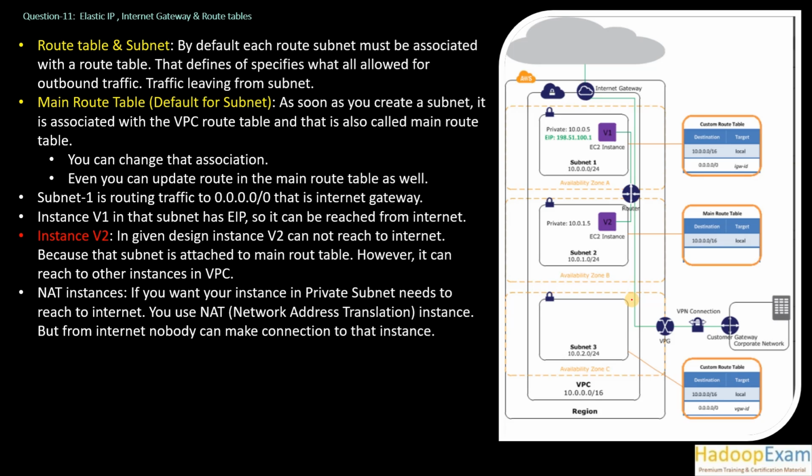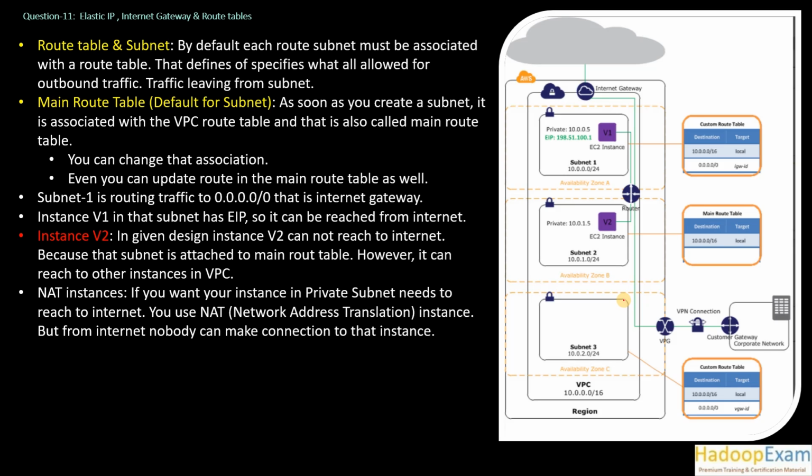Then you should use a network address translation instance in between, so that the instance can reach the internet, but nobody from the internet can reach that instance. This is a one-way connection. Only instances from that private subnet can reach the internet via NAT instances.